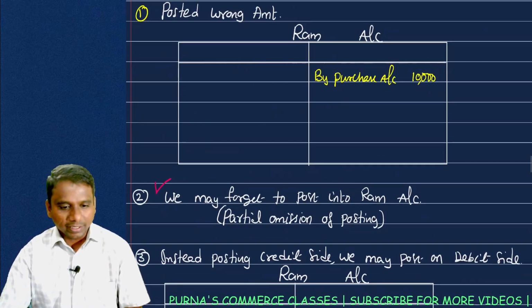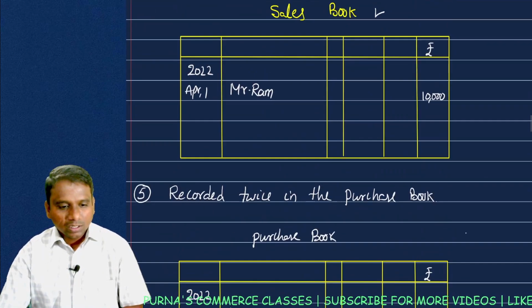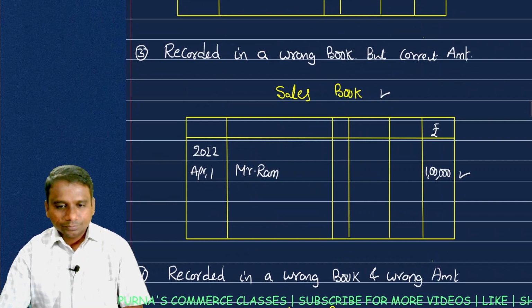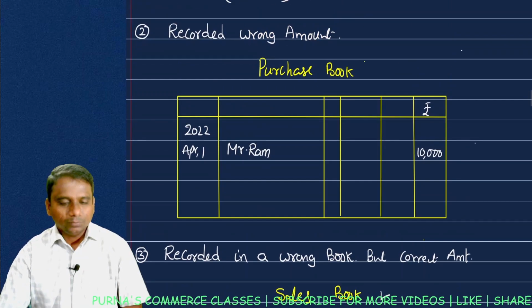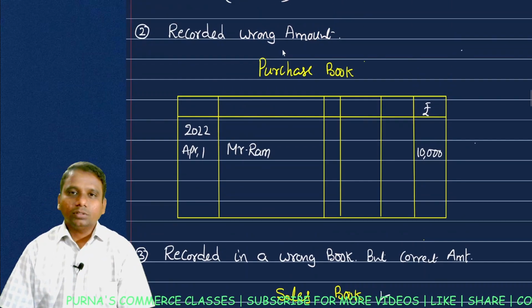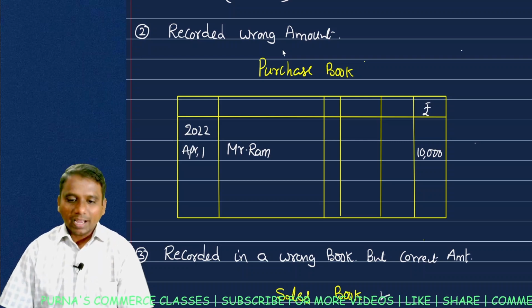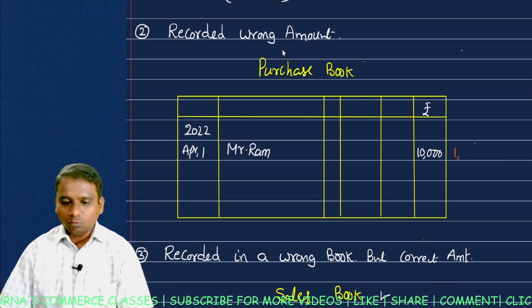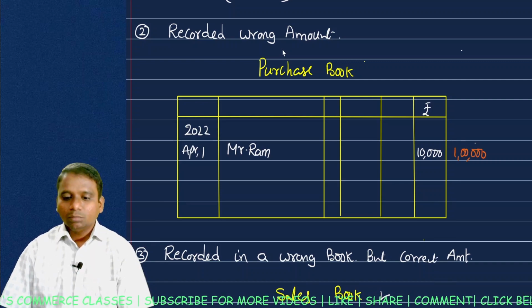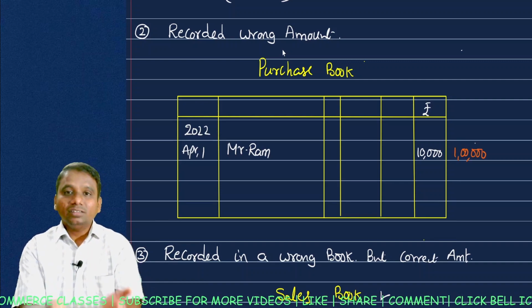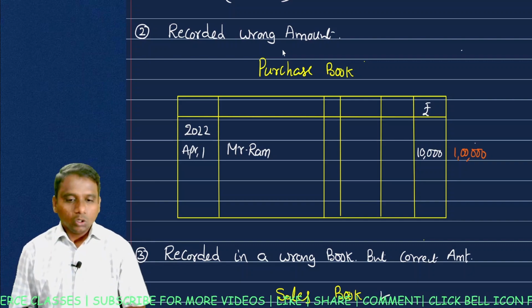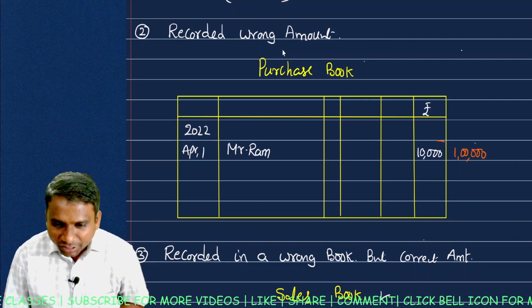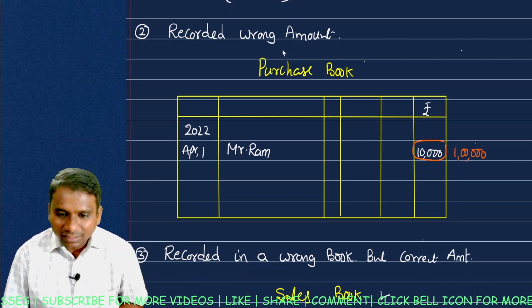Look, I will show it again. At the time of recording, we recorded the wrong amount. The actual amount is how much? 1 lakh. But how much amount did we record in the subsidiary book? 10,000.